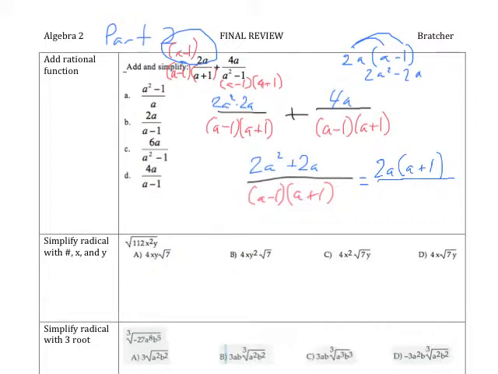If you think about it, 2a times a would be 2a squared, and 2a times 1 would be 2a, so that was reverse distributive property. And with the a minus 1, a plus 1 on the bottom, you realize that there's some canceling that can be done. That leaves us with a final answer of 2a over a minus 1.